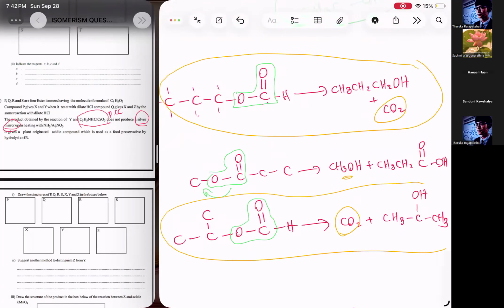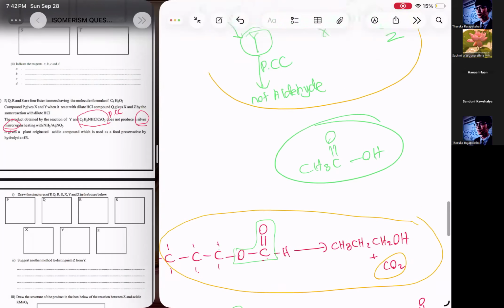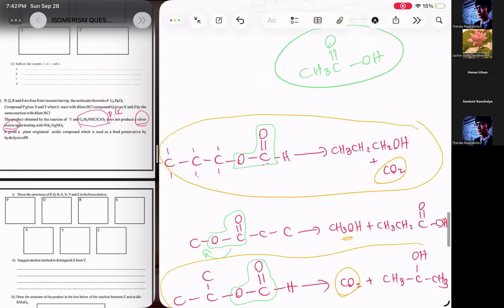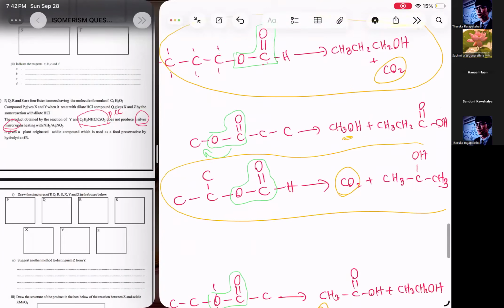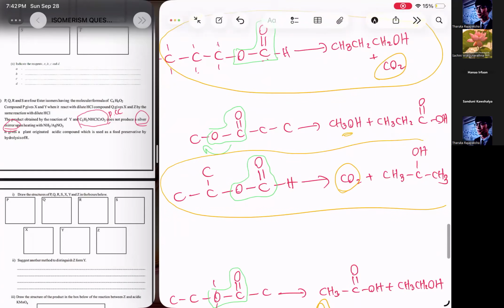Then they are saying, after reacting with PCC, the product obtained by the reaction of Y with PCC. They are talking about this one only. They will oxidize this by PCC.